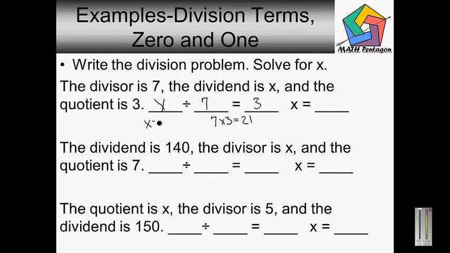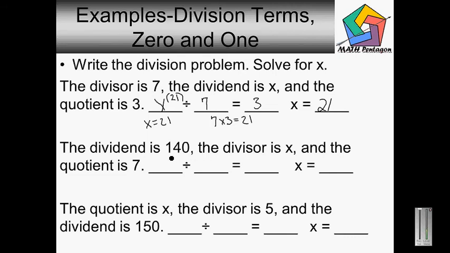X would equal 21, and I could substitute x for 21, and as you can see, it's now 21 divided by 7, which is going to give me 3. So the answer to this is 21. X is equal to 21.